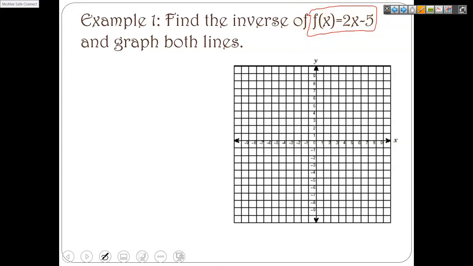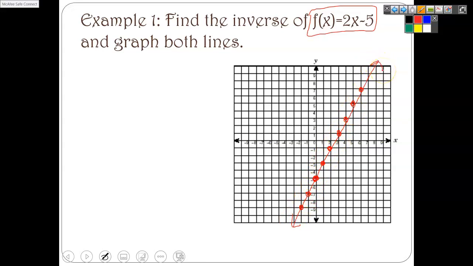So the original function, 2x minus 5, would have a y-intercept of negative 5, a slope of positive 2, and contain those points.